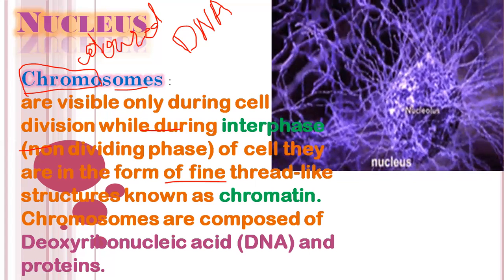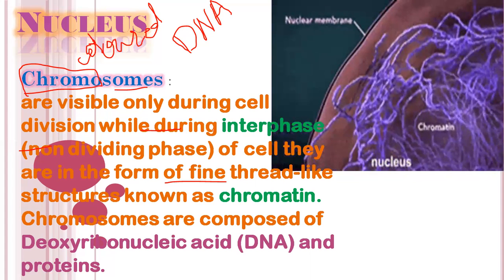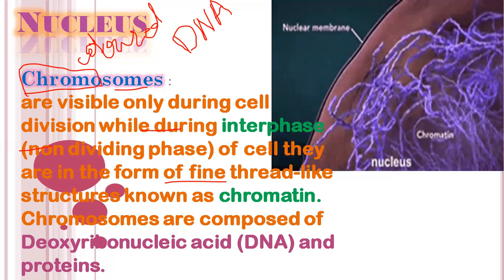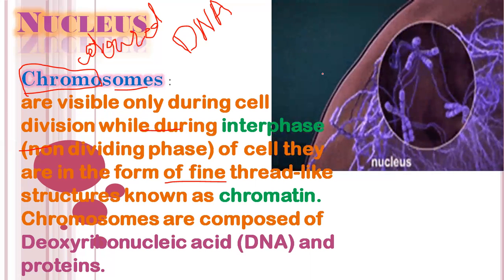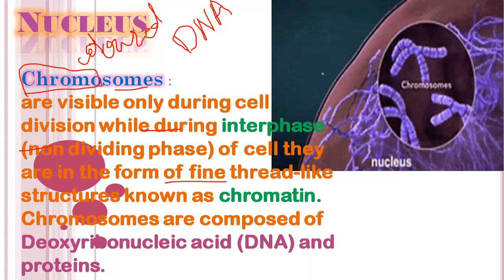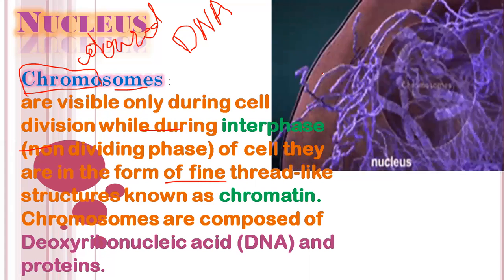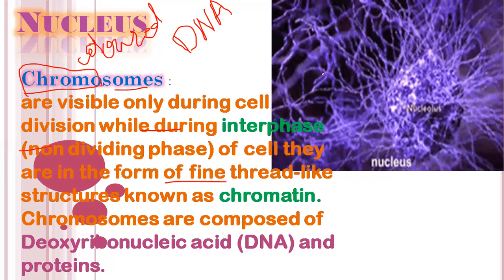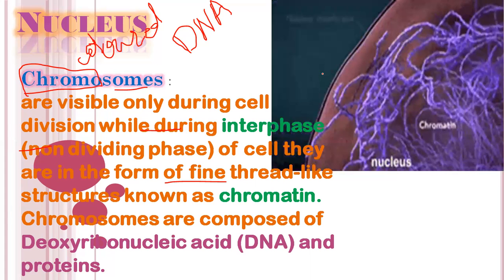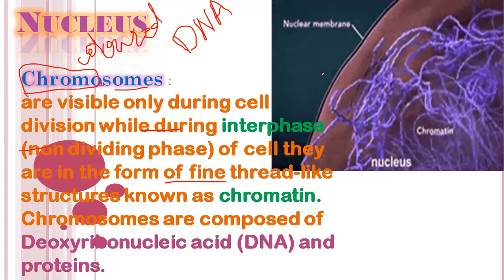It means the cells which are present before, they divide and make the new cells. So when the cell divides, first the nucleus divides, and before that the cell prepares itself for division. That division is called mitosis.